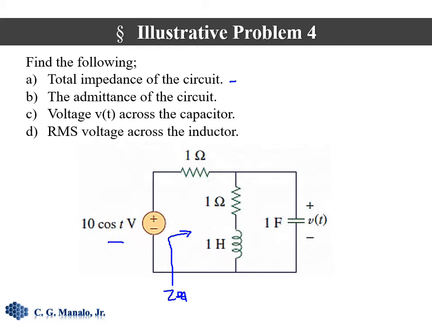Then the admittance of the circuit, which is simply the reciprocal of the equivalent impedance, and the voltage across the capacitor. Again, it is expressed as lowercase, meaning the required answer should be expressed in time domain. And then the RMS voltage across the inductor. Let's say this is V sub L.